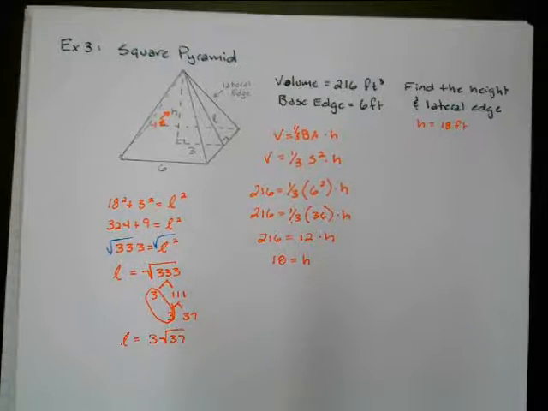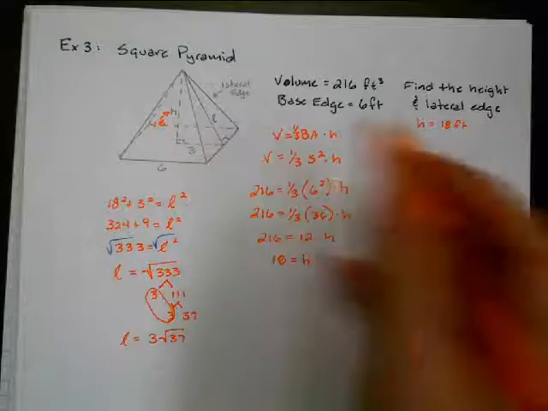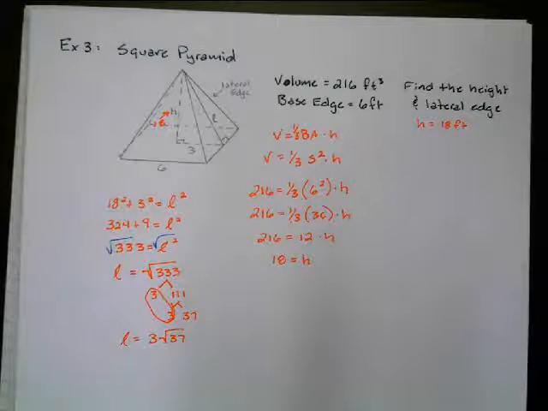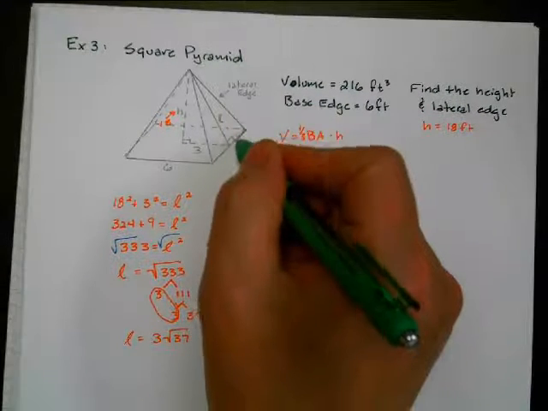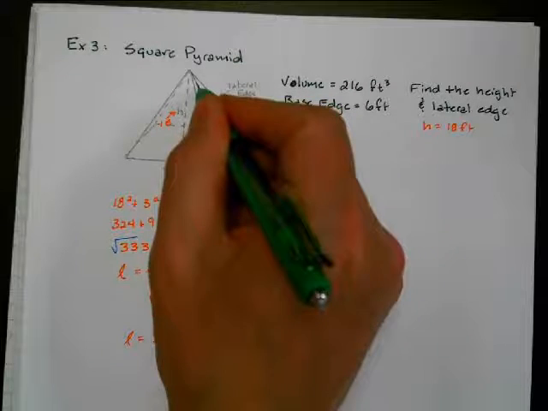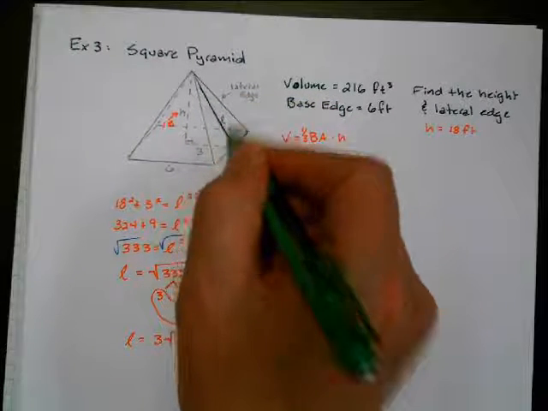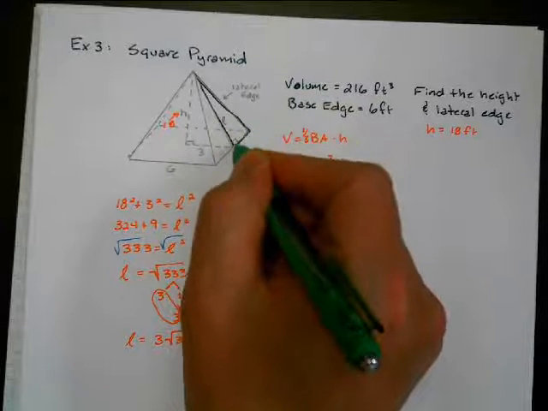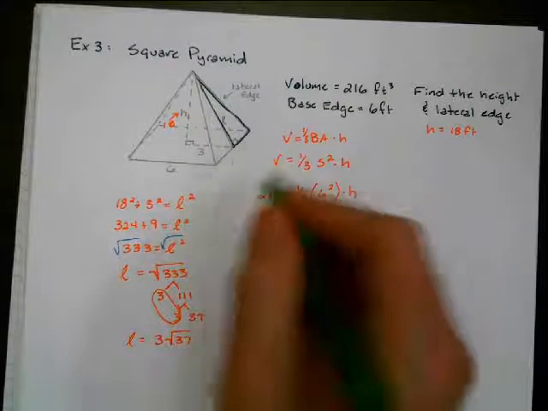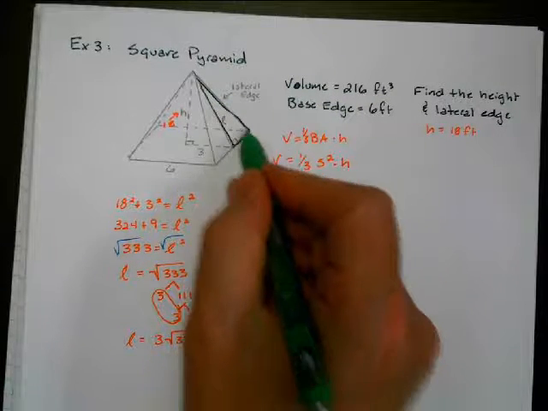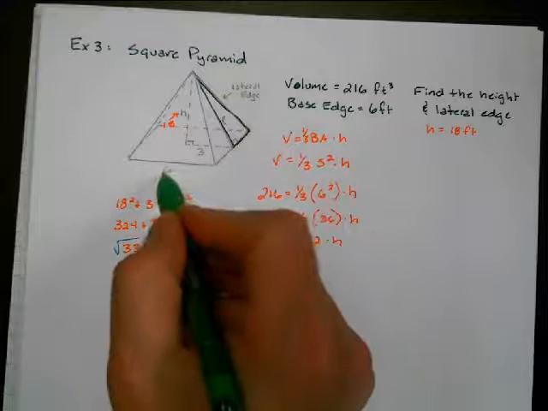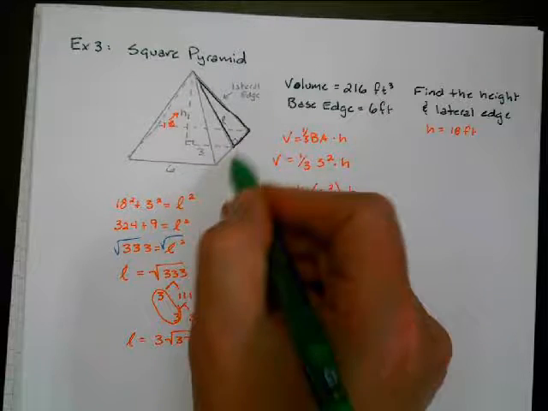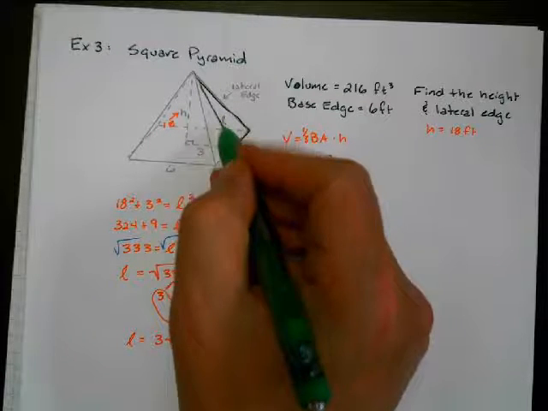Now what I'm going to do is get really tricky. I'm going to make another right triangle over here. Remember, I'm trying to find my lateral edge right over there. So over here, I've got another right triangle. Now, if this side's 6, what we would get right here is half of that 6.